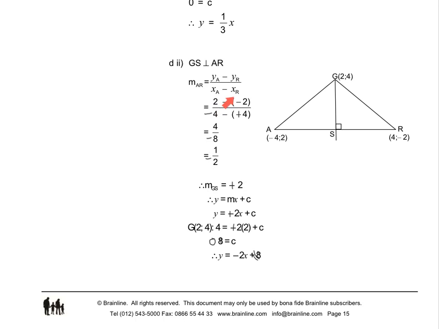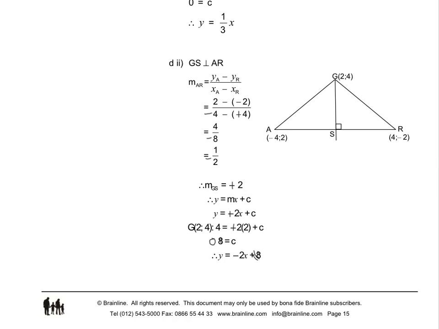At the top, a minus times a minus becomes a plus, so 2 plus 2 is 4. And at the bottom, we have minus 4 minus another 4, which is minus 8. If we then simplify the fraction and divide by 4 at the top and the bottom, we have minus a half as the gradient of AR.